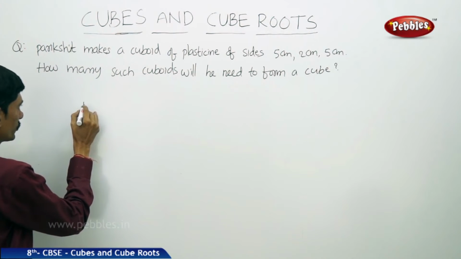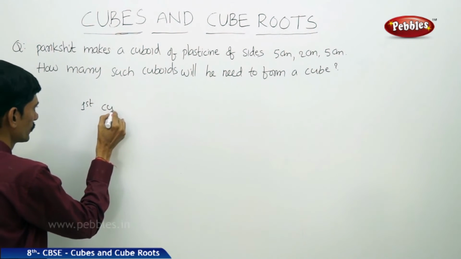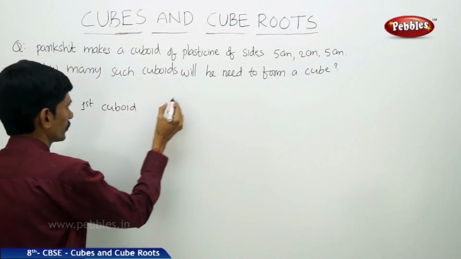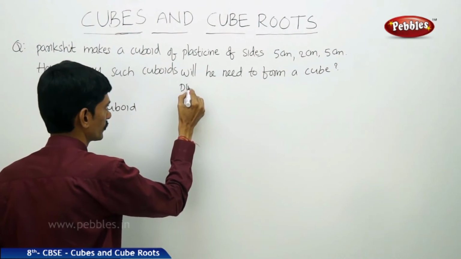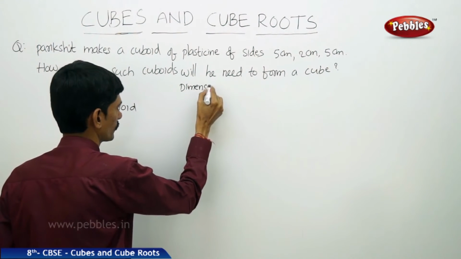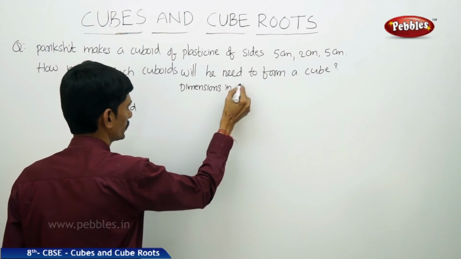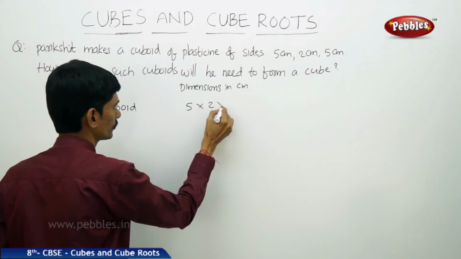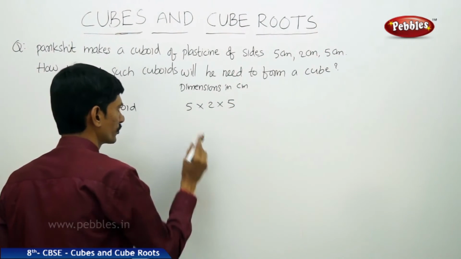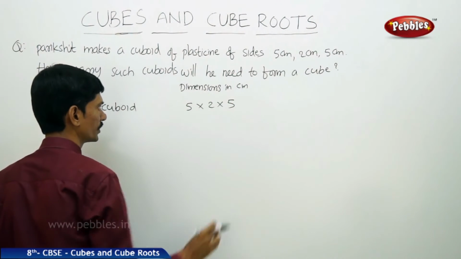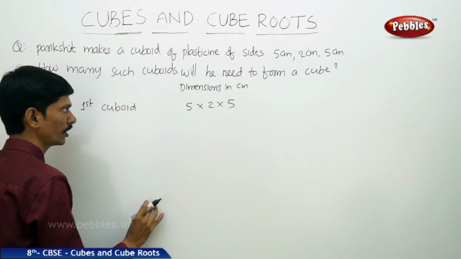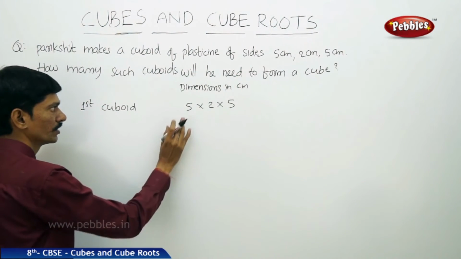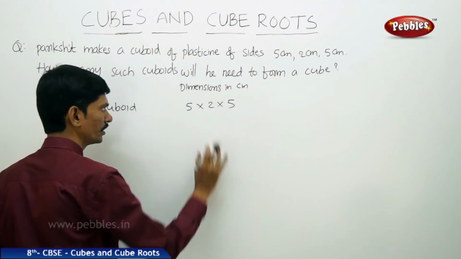Taking the first cuboid, the dimensions in centimeter are 5 into 2 into 5. 5 2s are 10, 10 5s are 50 centimeter cube is the volume of the first cuboid, but it is not forming any cube.